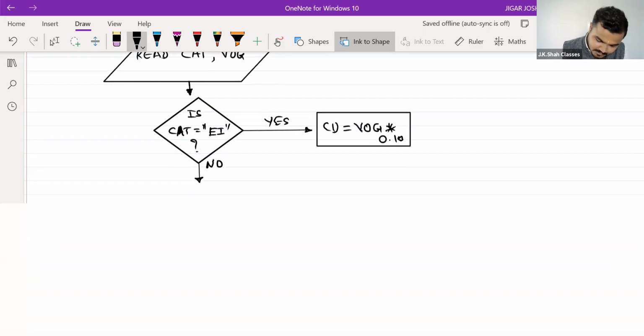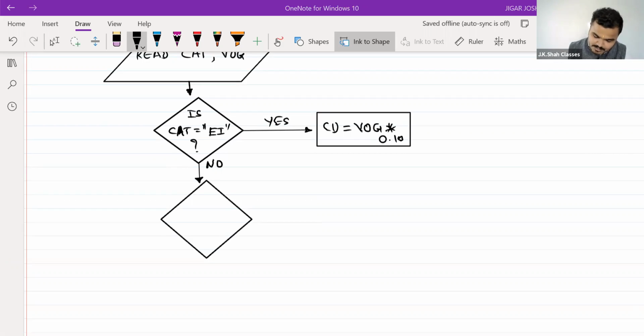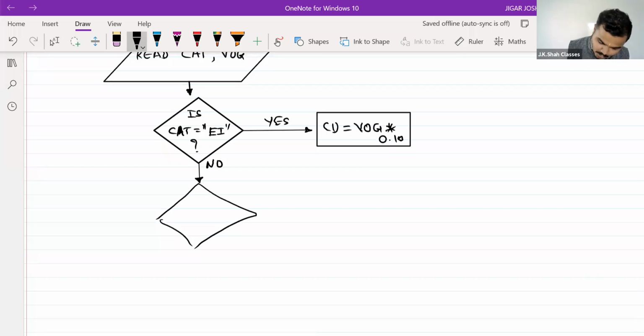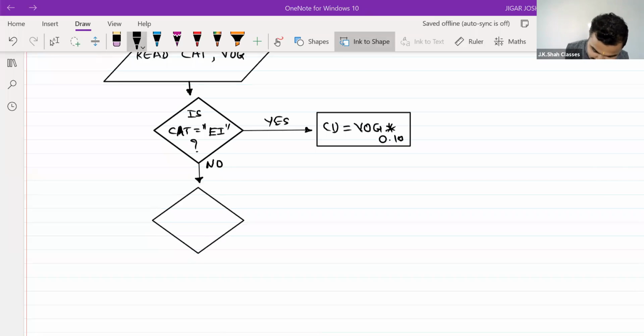then one more time we will ask the question. So once again we will draw a box and ask: if category is equal to HM, heavy machinery, question mark.